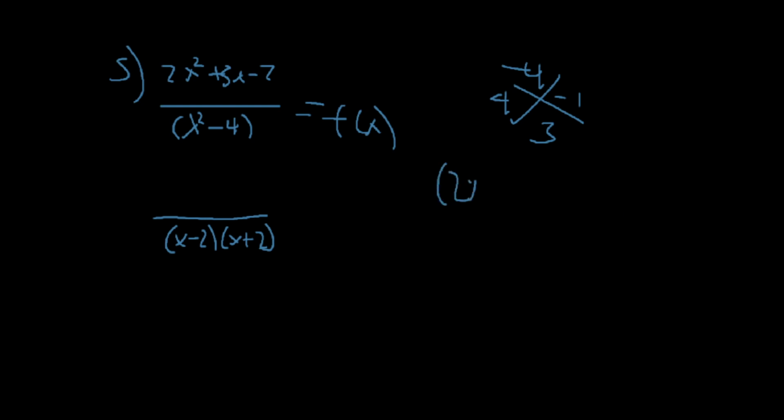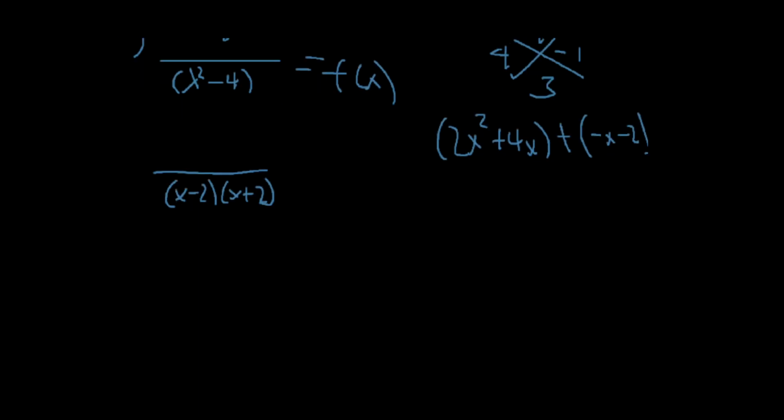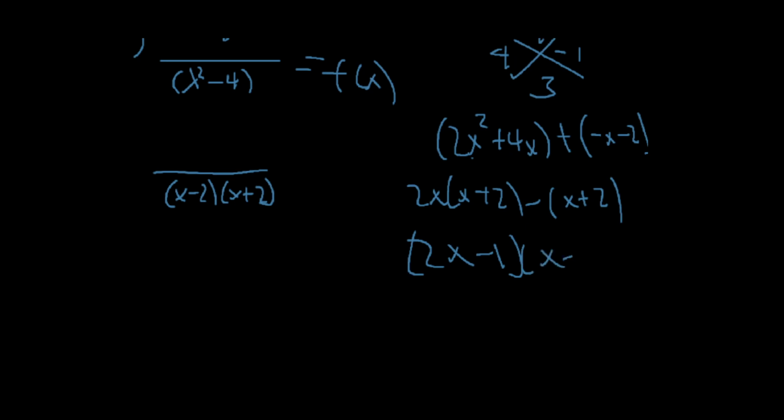And so 2x squared plus 4x plus, minus x minus 2, and so take out 2x, so it's x plus 2, and this one is minus x plus 2, and it's 2x minus 1 and x plus 2, and that cancels this out, so that means there's 2x minus 1 over x minus 2.